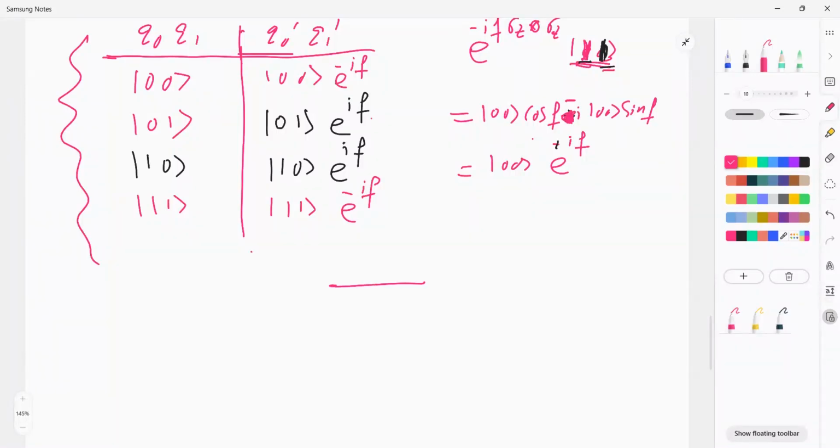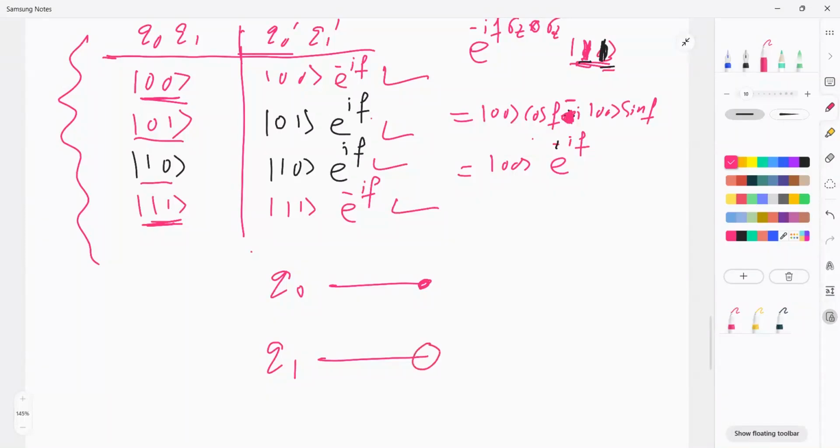And we can see that we can get this truth table from this circuit easily. The reason is this, we have to think like this. If both qubits are 0 0, or if both qubits are 1 1, we get a phase with a minus sign. And if either one qubit is 1, we get a phase with a plus sign.